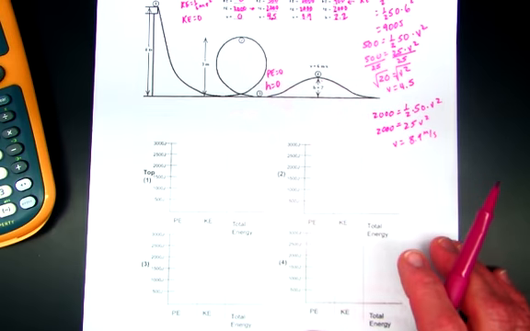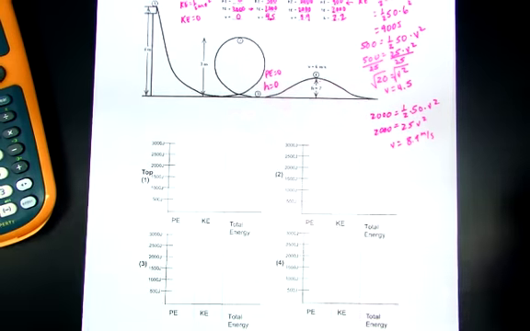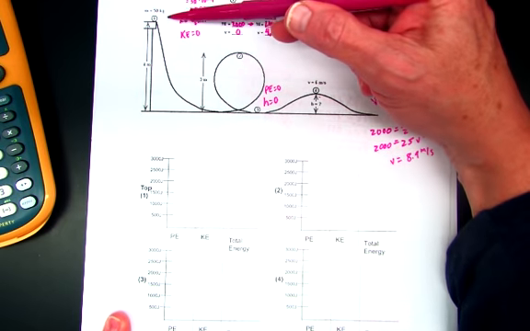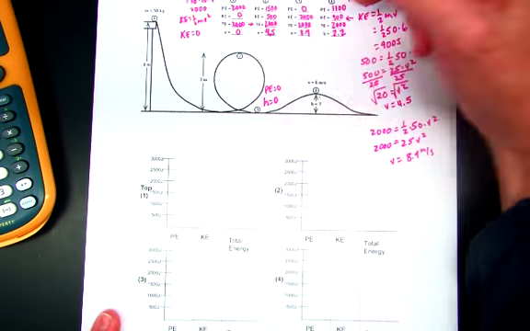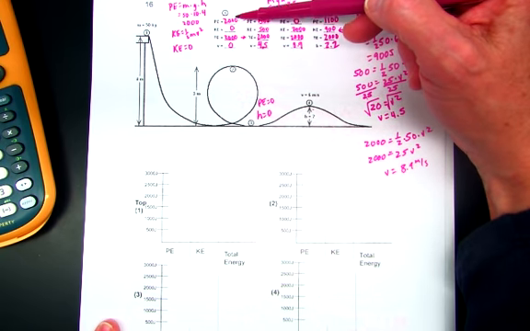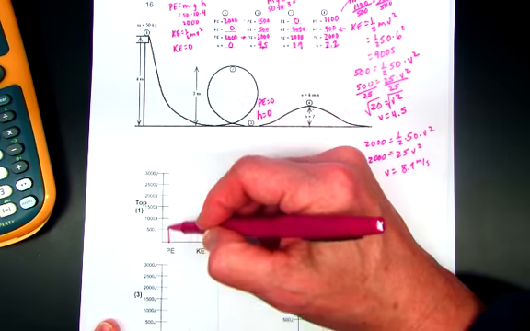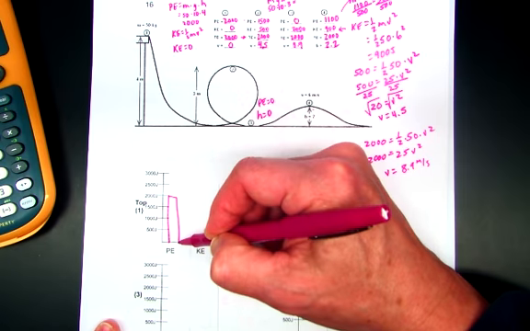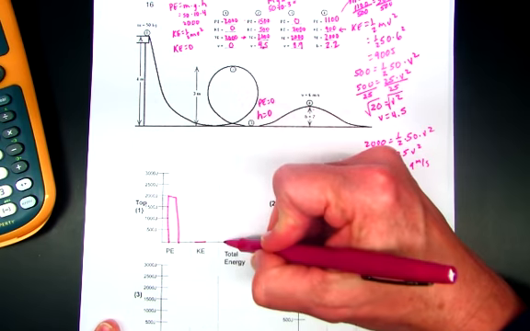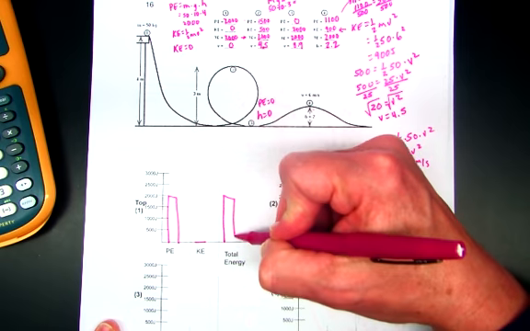At the top, position 1, I have 2,000 joules of potential energy. So I'm going to make my bar up to 2,000. Kinetic, I have 0. Total, I have 2,000.